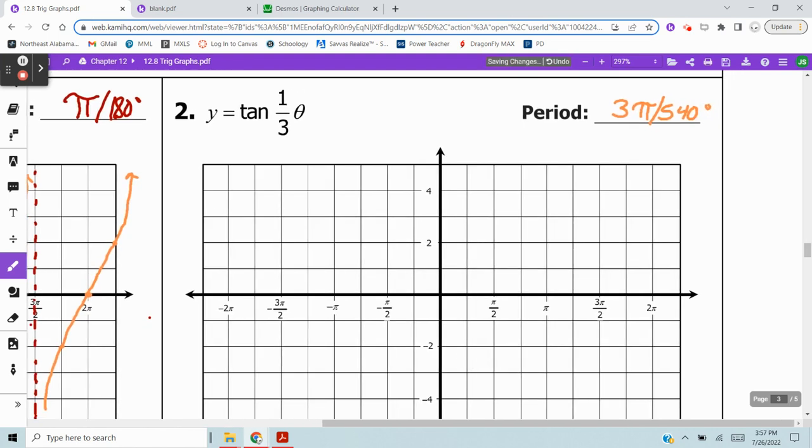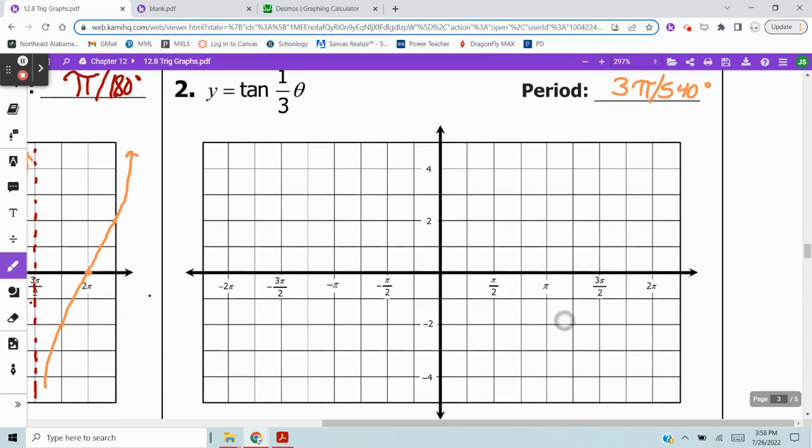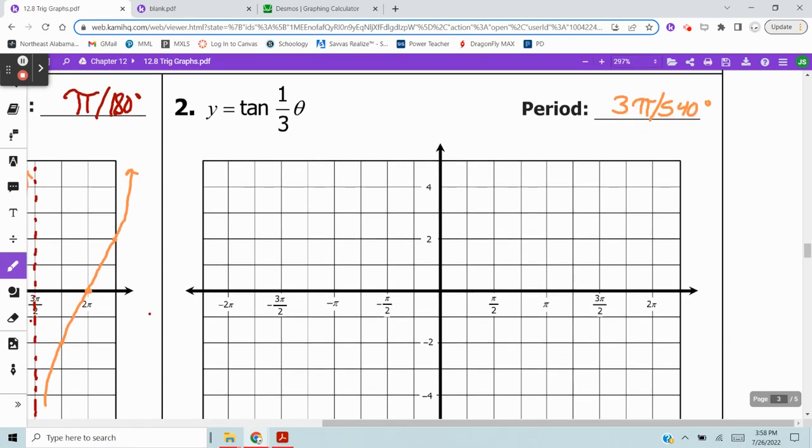Now notice that 540 won't even fit on our graph here. Actually some of the asymptote lines will, but it's going to be super wide is what I'm trying to get across. To find those asymptote lines, I feel like it's a little bit easier this way. Normally, your asymptote lines are at 90, every 180 degrees, so 270, and so on, and also -90 and -270.